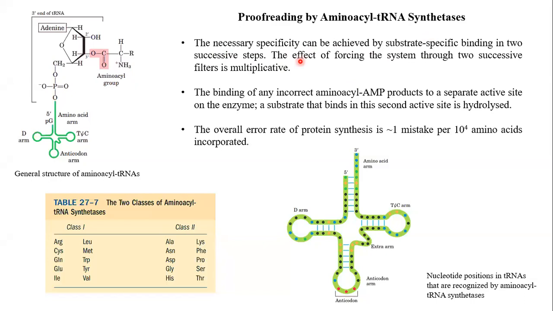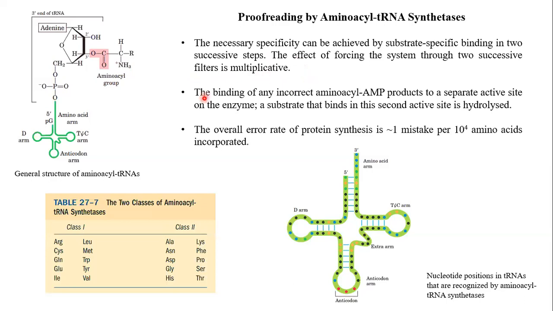In the first step, it forms amino acyl AMP, and in the second step, it forms amino acyl transfer RNA. If it had been only one step, then it would ultimately generate amino acyl transfer RNA, and if something goes wrong, there is no checkpoint in between, right? So these two steps, this multiplicative step, act as a filter for the proofreading.